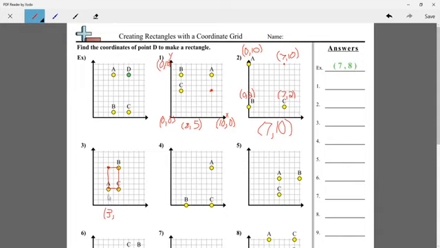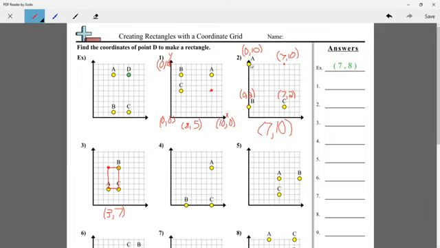So it would be 1, 2, 3, 4, 5, 6, 7. So this would be 3, 7 to complete the rectangle. So hopefully that kind of helps you guys out a little bit.